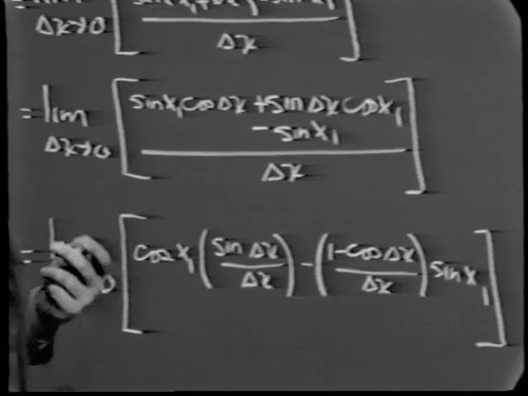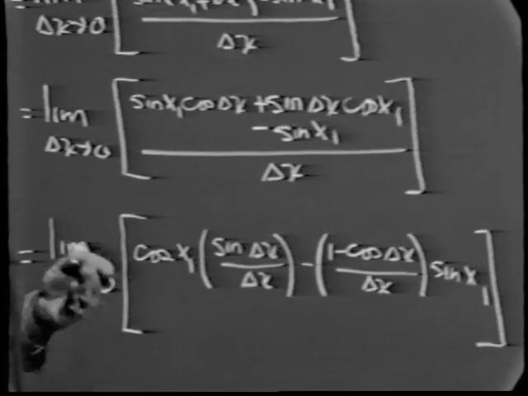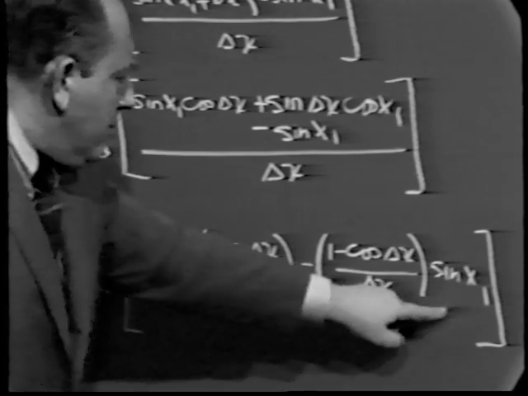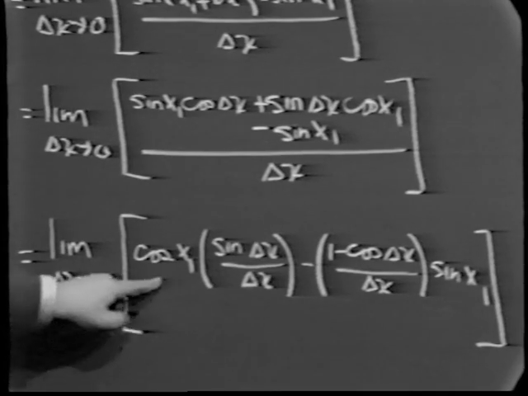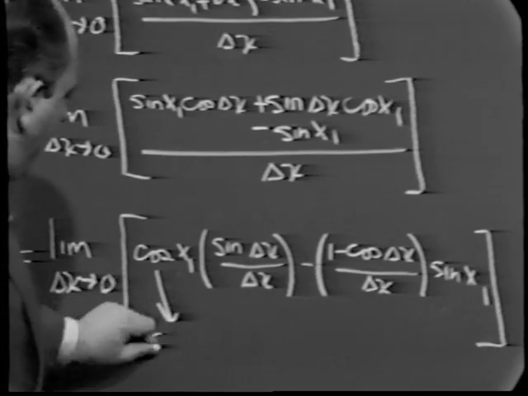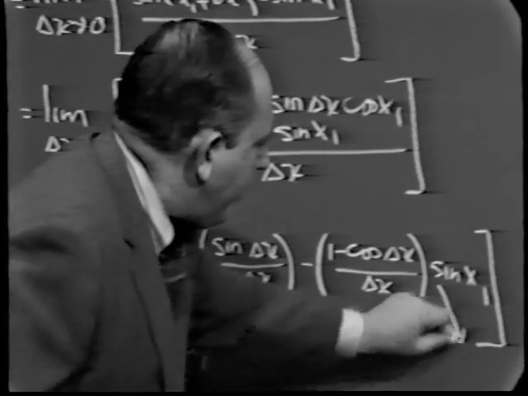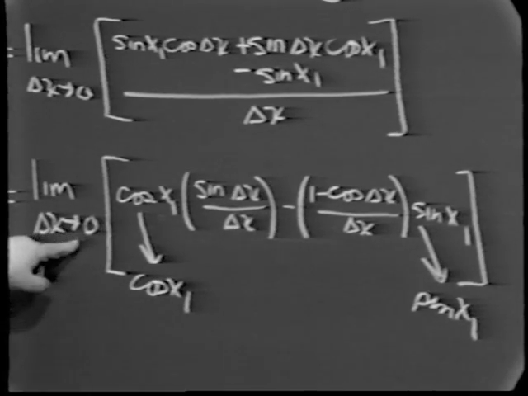The limit of a sum is still going to be the sum of the limits. The limit of a product will still be the product of the limits. So all in all, what we have to sort of do is figure out what these limits will be. Certainly, as delta x approaches 0, this will stay cosine x1. Certainly, this will stay sine x1, because x1 is a fixed number that doesn't depend on delta x.